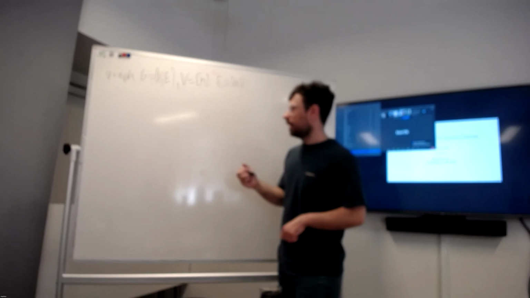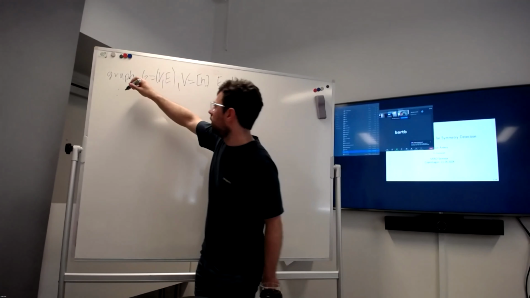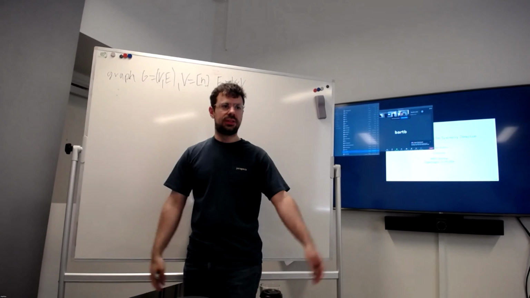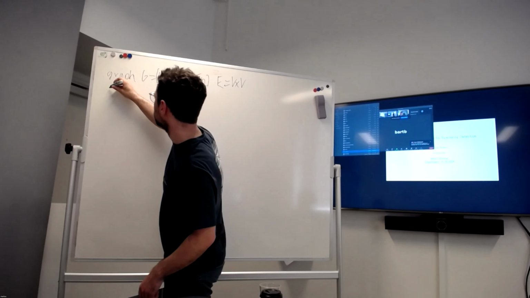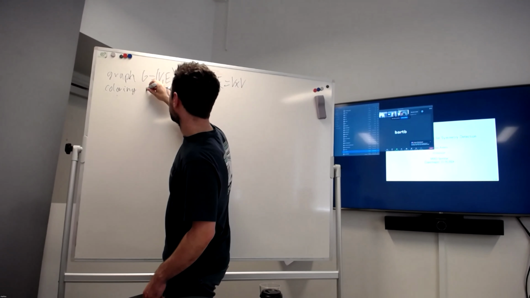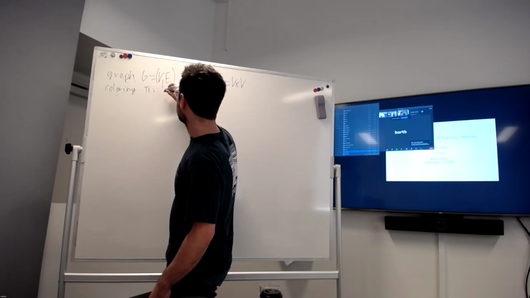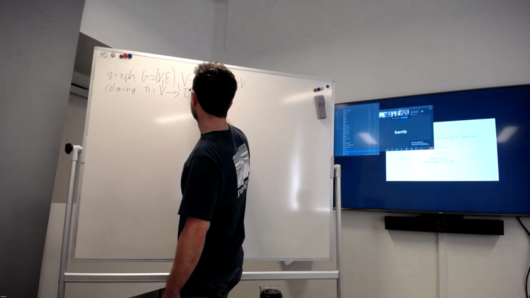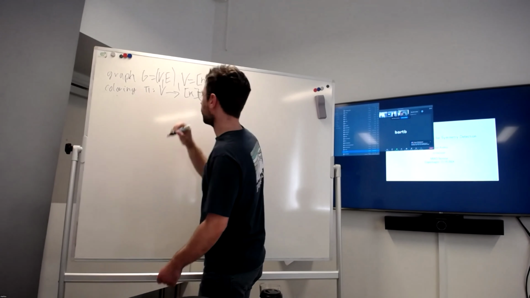Okay, then another thing we need are vertex colorings. I've talked a lot about coloring these graphs, so we need it as a formal object. The coloring π, for me, is just a mapping from the vertices of a graph to some set of colors k.